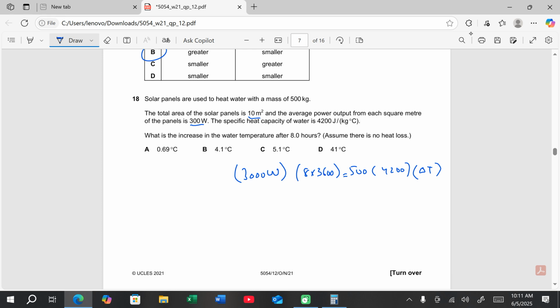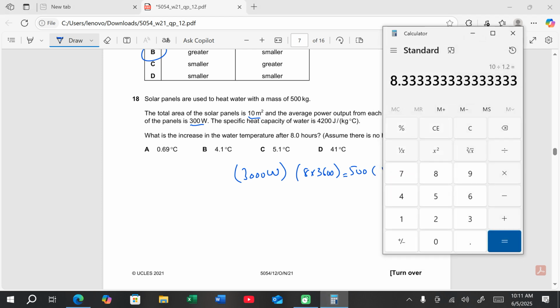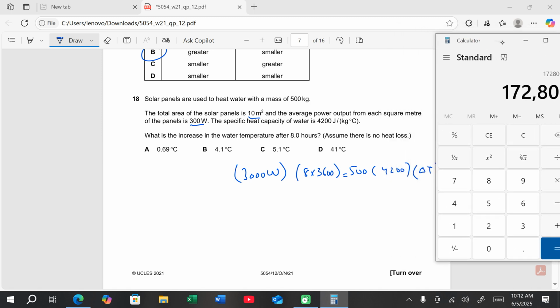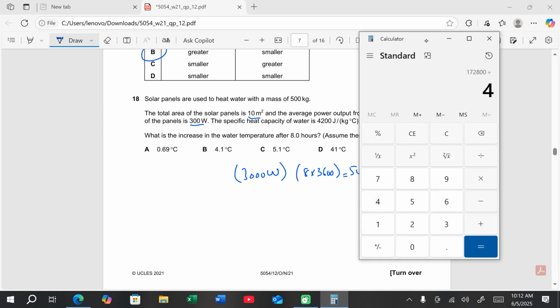So it is going to be 3000 times 8 times 3600 divided by 500 divided by 4200. So that has to be 41.